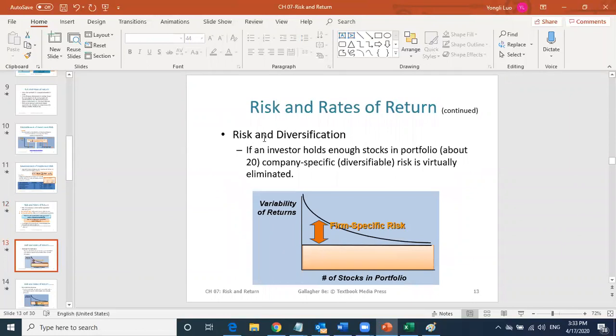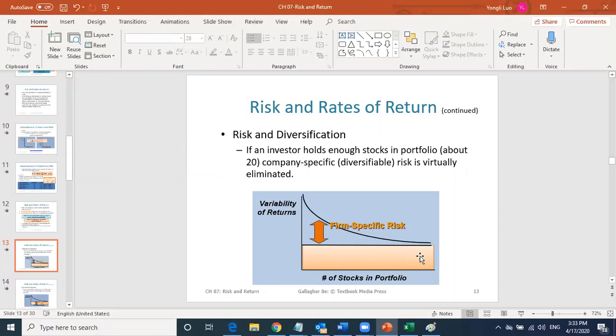But if you do portfolio diversification, so you invest in more than one stock, more likely you can significantly reduce your firm-specific risk. And as the total number of stocks in your portfolio increases, as you increase to about 20 stocks, the firm-specific risk is reduced to almost zero.